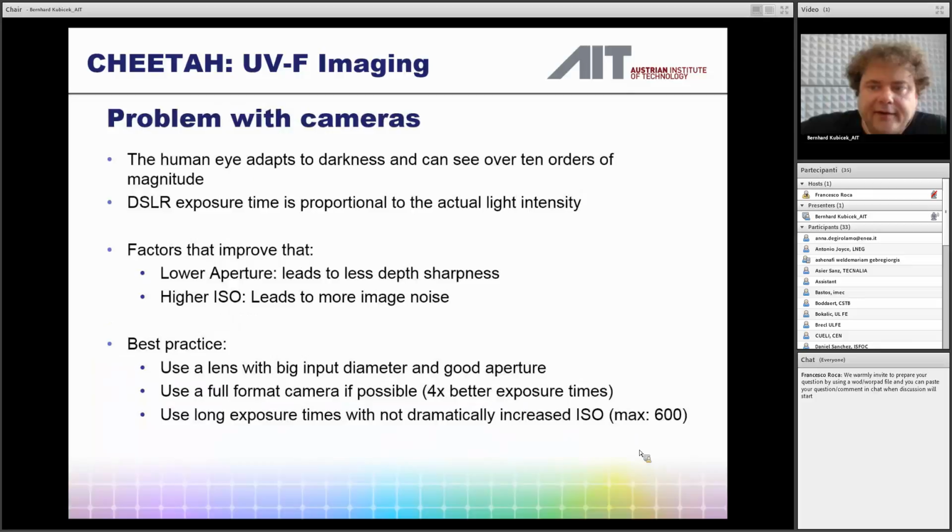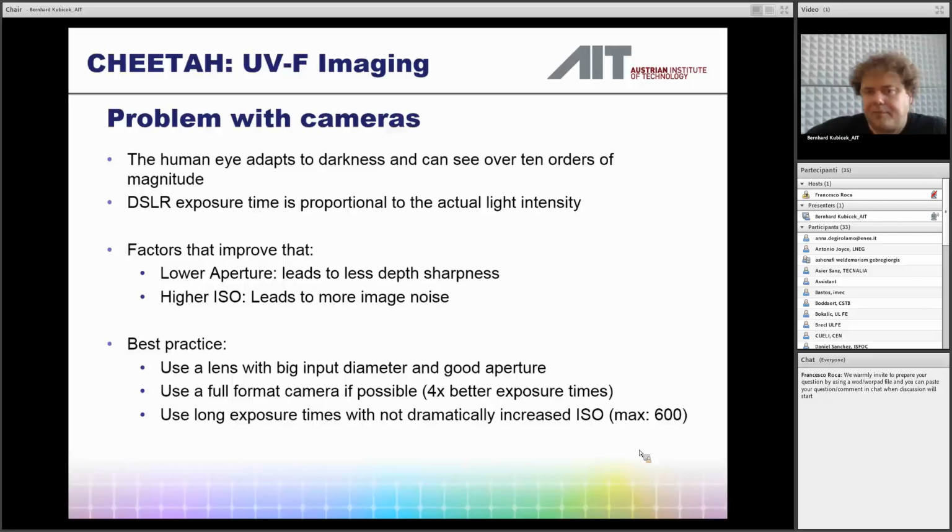The problem now is that the human eye is much better than most cameras when it comes to adapting to brightness changes. If you want to take a picture of this fluorescence, I would recommend to use a full format camera, so a 1,000 euro normal consumer camera, because what you want to image is visible spectra. So you can use a normal camera, but you need to take long-time exposures in the end.